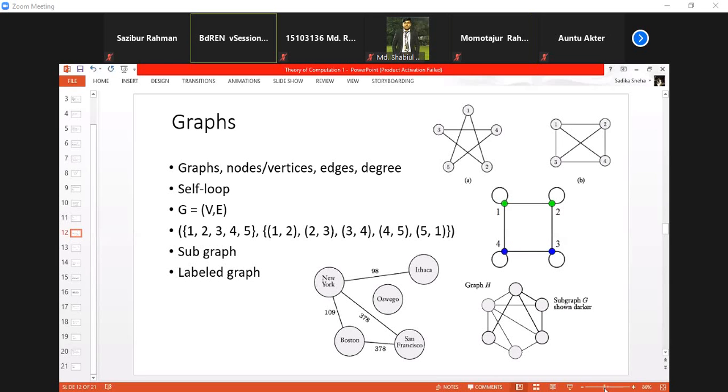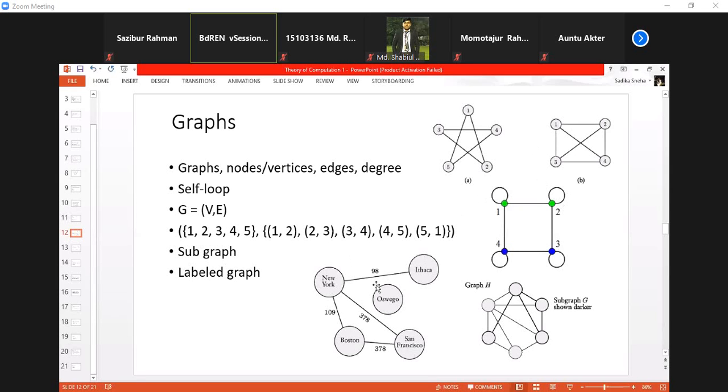Now the next thing is labeled graph. If we see this picture, we can see the nodes are named with the names of some cities. Previously, what we have seen is that the edges don't have any number assigned to them. So what are the edges here?